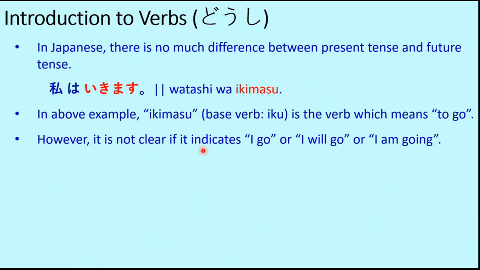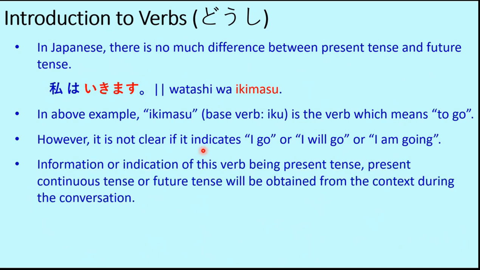So in this example, ikimasu is the polite version or the formal version of the base verb iku, which means to go. Now, information or indication of this verb being present tense, present continuous tense, or future tense will be obtained from the context during the actual conversation.